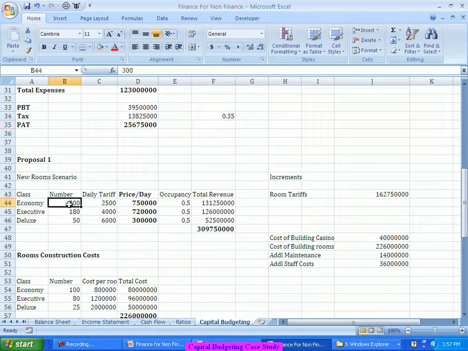So, if they are increased, my rooms will become something like this. 300 in the economy, 100 are increased. No, from 2 it becomes 3. After increment, 300 is in the economy, 180 is in the executive, and 50 in the deluxe.